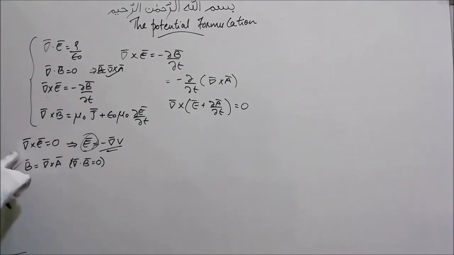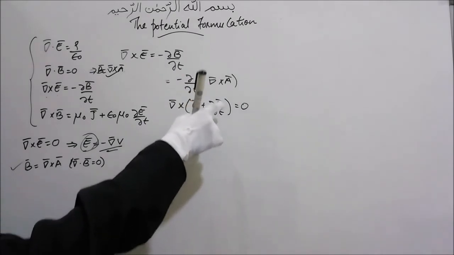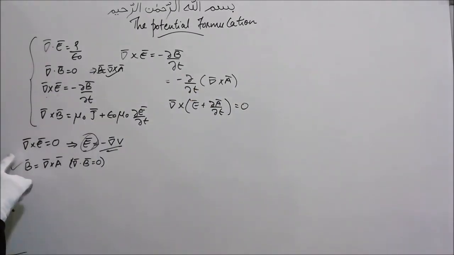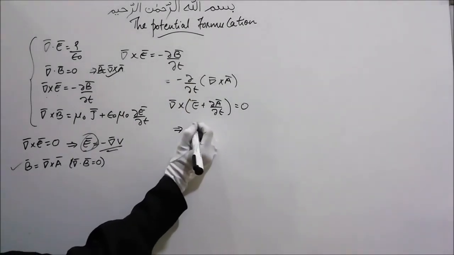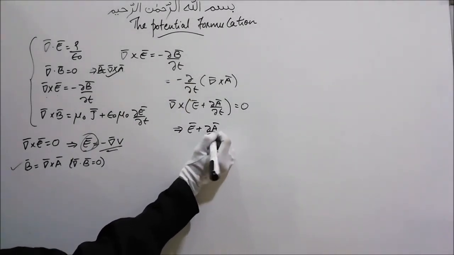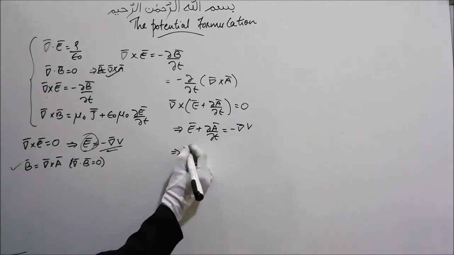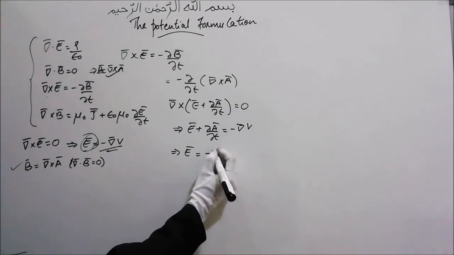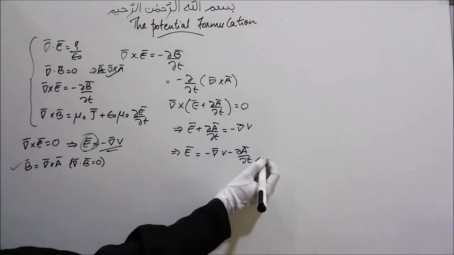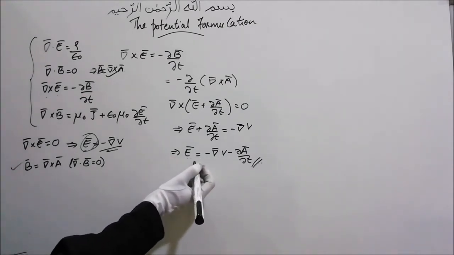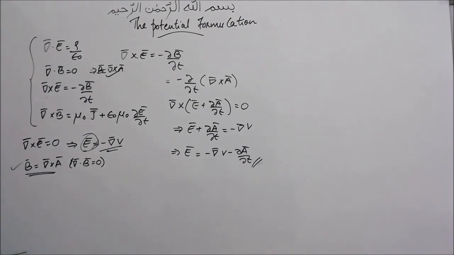So now instead of del cross E equals 0, we have del cross of E plus del A by del t equals 0. This will imply E plus del A by del t is equal to minus del V. Solving this, just take this to the right, and we'll have E equals minus del V minus del A by del t. This is the electric field in electrodynamics, and B equals del cross A is the magnetic field in both electrodynamics and magnetostatics.